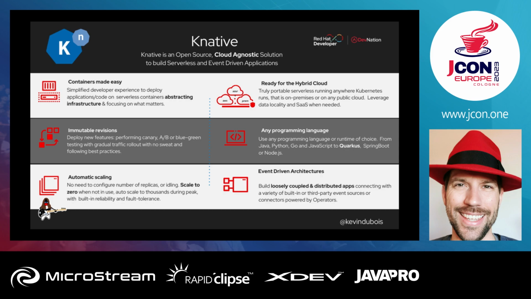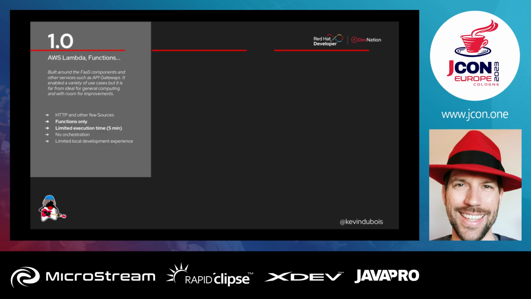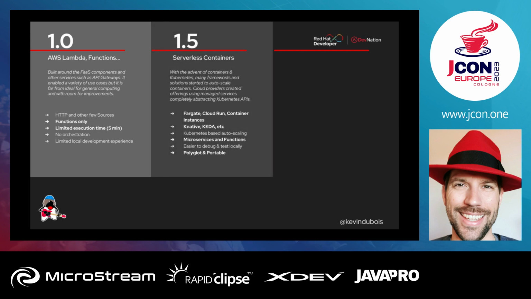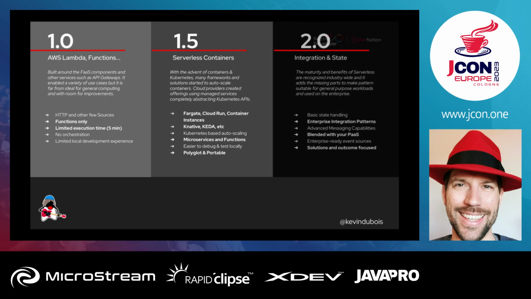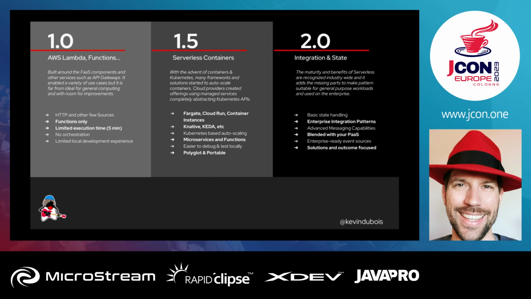And then it also supports event-driven architectures. So it has an eventing component to it, which makes even more use cases possible. So we talked about creating functions, we talked about serverless containers, and so really the next step in serverless is eventing, is integration and state, and being able to use serverless even for those use cases, because that's where it actually makes the most sense, is with events, because we have events coming in.